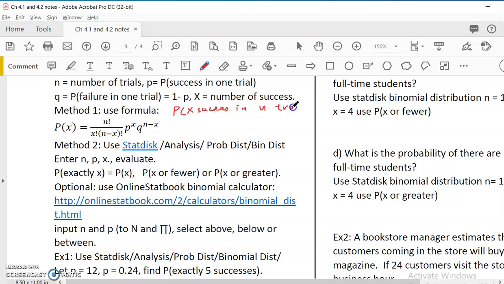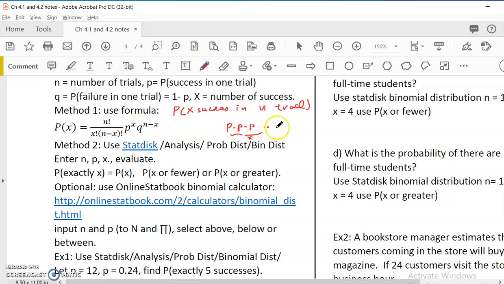You are watching for a particular thing to happen called success, and out of N times you count how many times that success shows up. So if the probability of one success in one trial is P, then if I want X successes, I could just do P times P times P, X times. So that's why we have P to the X.